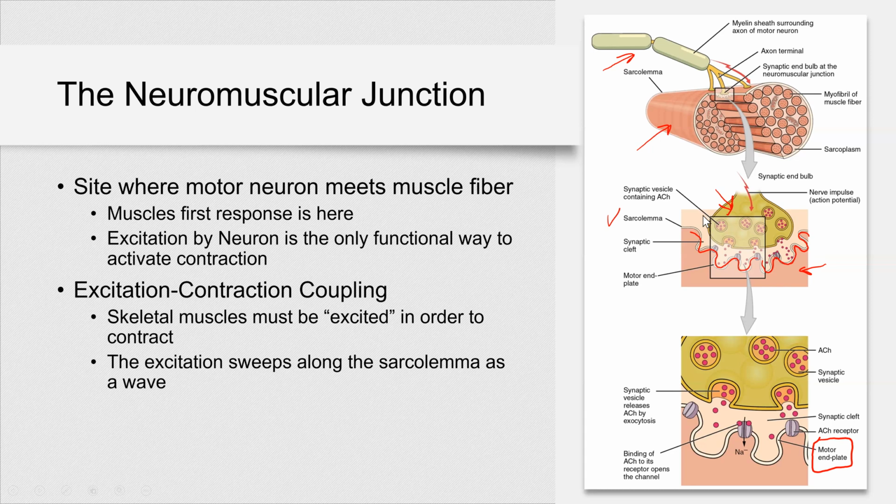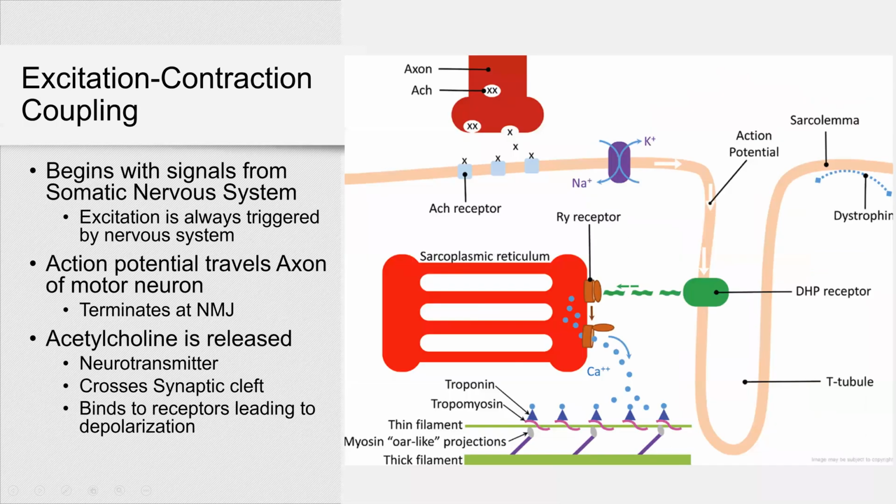And this is where we have activation or excitation of our muscle cells, right? Okay, now let's get to the next slide. So what exactly is happening? So here we have our axon terminal, and here we have our motor end plate of the muscle cell.